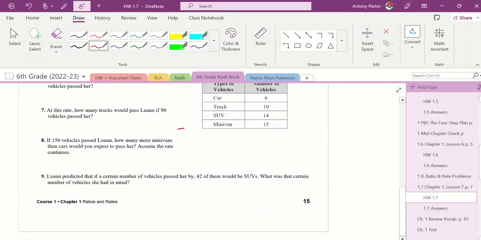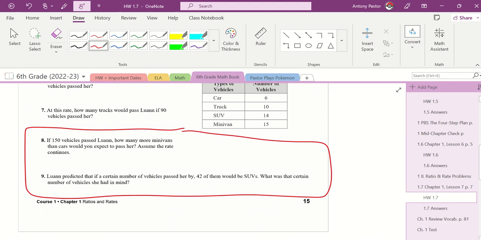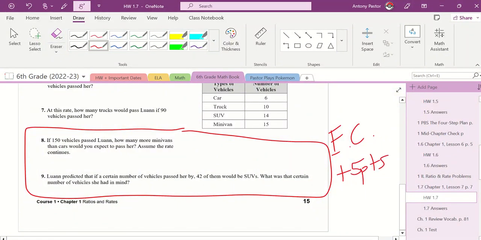And I'm going to offer something a little rare. 8 and 9 will be extra credit. You have to do both 8 and 9 for 5 points extra credit. If you choose not to do 8 and 9, that's fine. Remember, hint, hint, one of these may show up on your test, so you may want to try. Plus, you get 5 points extra credit.